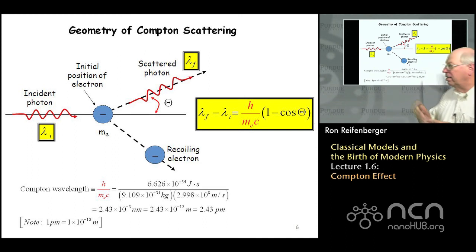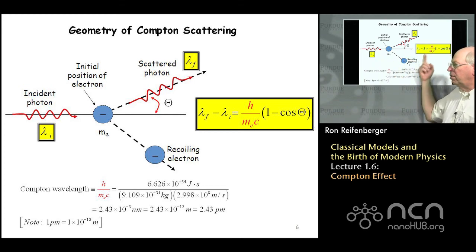And the statement of Compton's formula is that the relationship between the final wavelength that's been scattered and the initial wavelength of the X-rays incident onto the carbon block is equal to a constant h over mc, where m is the mass of the electron, c is the speed of light, times 1 minus cosine theta, where theta is the scattering angle defined with respect to the direction of the incident photon beam, right?